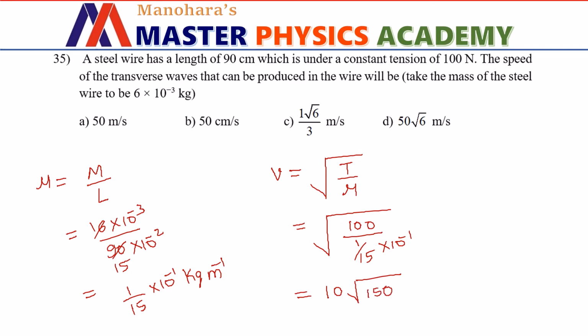Now solve this. We'll get V equals 10 into root 150. Can I write 150 as 25 into 6? The root of 25 is 5, which is taken out of the square root. 5 into 10 is 50 into root 6 meter per second is the final answer, which is given in option D.